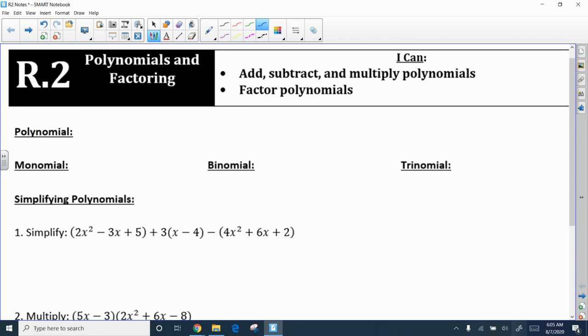So let's first define a few of these words that we'll hear as we talk about different things we do throughout this course. The first one is a polynomial. Poly means many, so a polynomial has many terms. And the thing that is important is that it usually has terms with exponents, and those exponents are whole numbers.